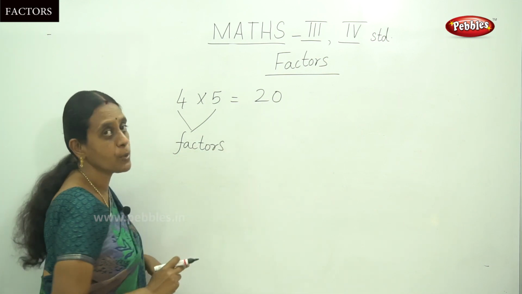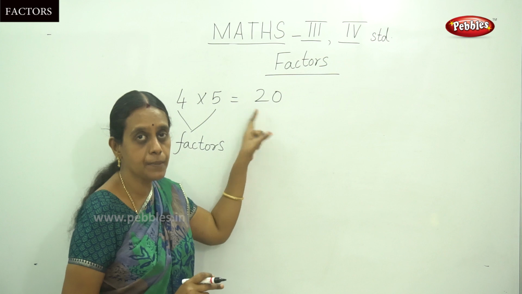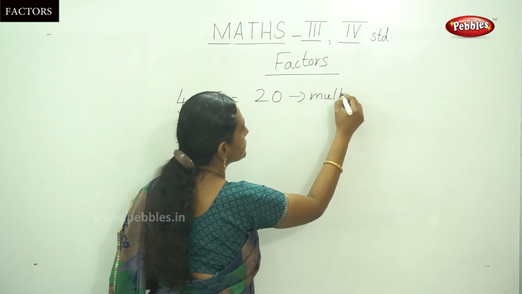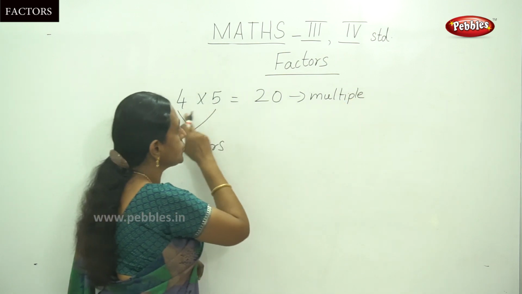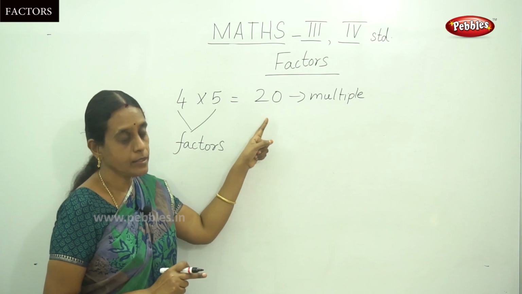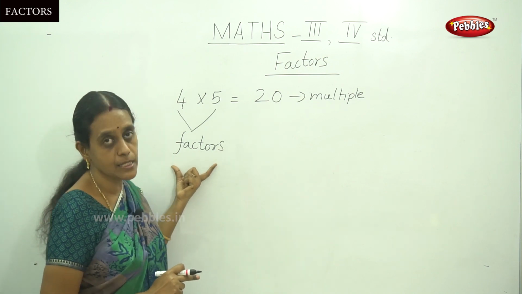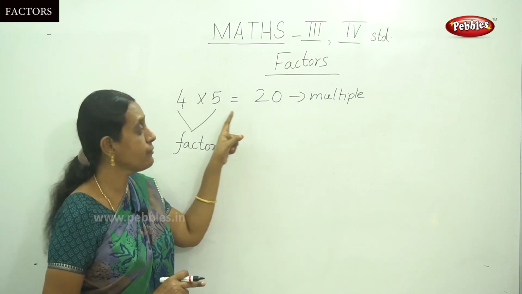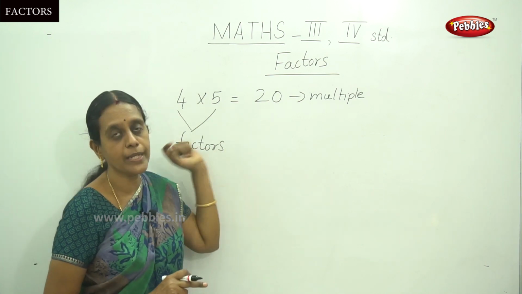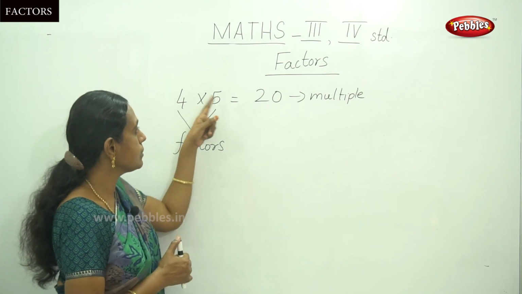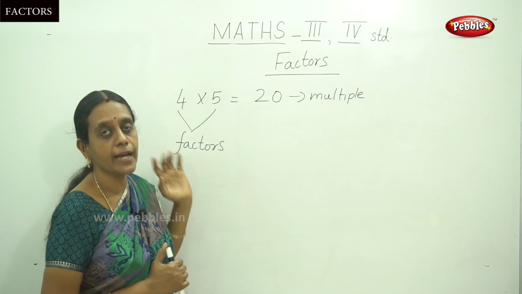This 20 is the product, so this is called a multiple. Those numbers that are multiplied to get the product are called factors. So 4 is a factor of 20 and 5 is also a factor of 20.